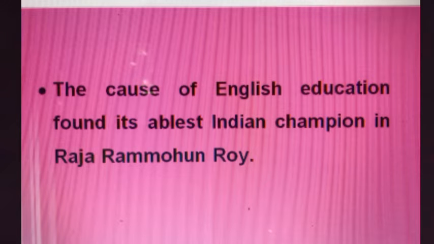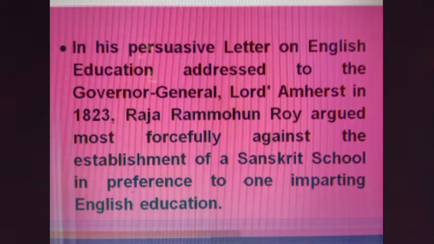In his persuasive letter on English education addressed to the Governor General Lord Amherst in 1823, Raja Ram Mohan Roy argued most forcefully against the establishment of a Sanskrit school in preference to one imparting English education. So he favored English education rather than educating the children of India in the Sanskrit language.